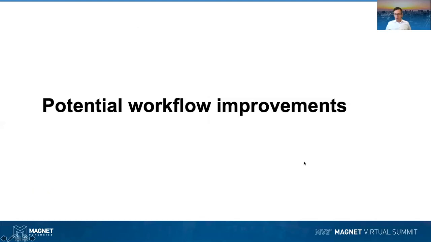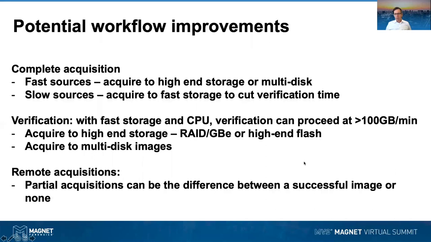So where do all of these improvements in the image format actually help you in your workflow? Now, obviously, if you've got a fast suspect device and enough CPU and high-end storage, you can go as fast as the source will provide.